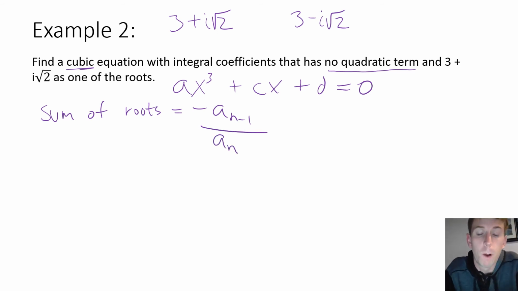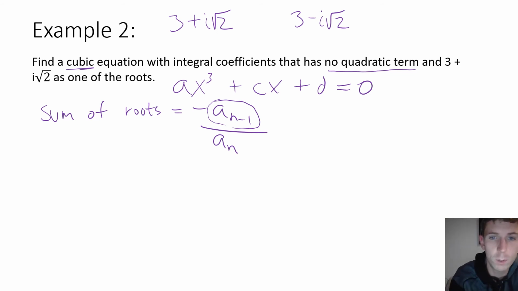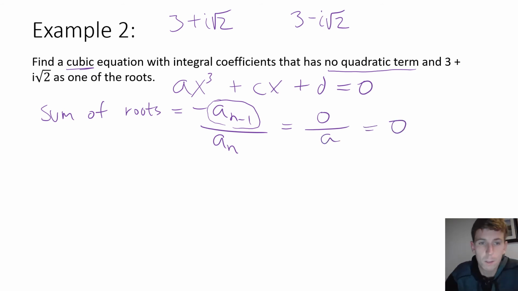All right, so here we notice we actually don't have this term at all, with no quadratic term. So that value is going to be 0 over our leading coefficient a, which means the sum of the roots is going to be 0. That's going to be quite valuable information here.